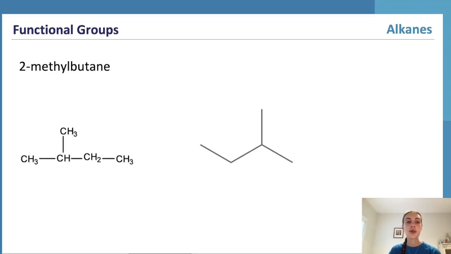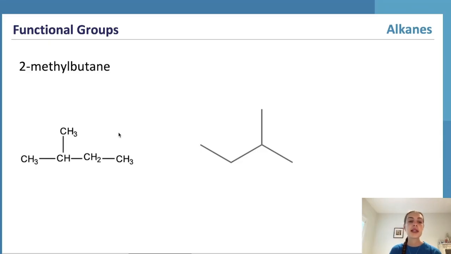Our next example which we can look at is 2-methylbutane. This is a molecule where we've got 4 carbons along the carbon backbone, and then on the second carbon in, we've got what's known as a methyl group, a group of methane basically, but it's a separate branch off the original molecule.